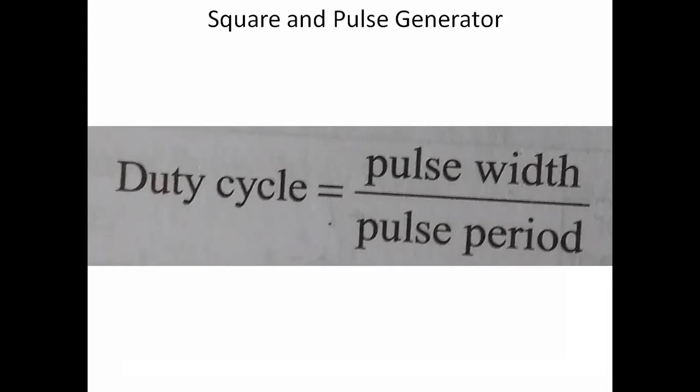If the duty cycle is 50%, then we can say it is a square wave pulse. That can also be produced by using this pulse generator.